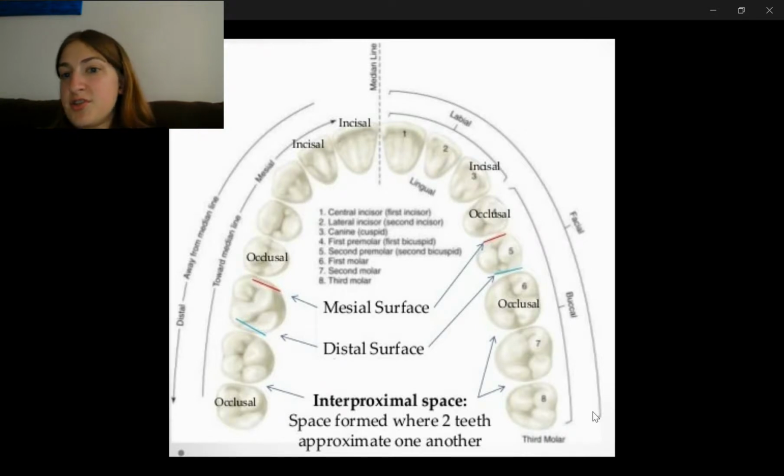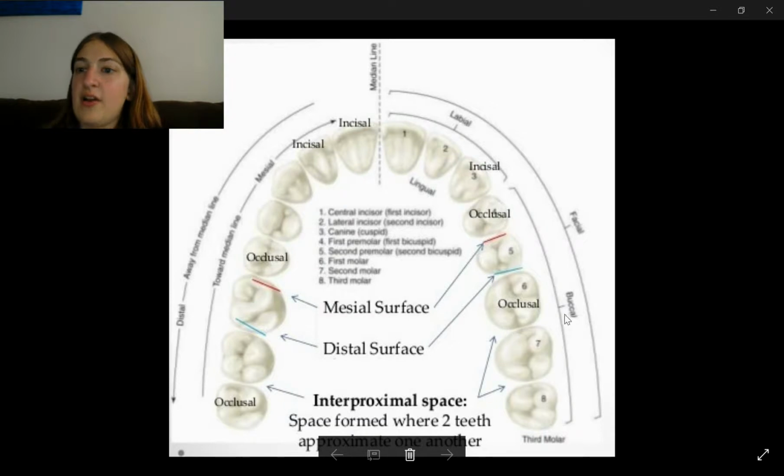So there's also interproximal, which is the area of the tooth that is in contact with another tooth, this area right here, if you look on the bottom right. There is occlusal, which is usually the top surface of the chewing teeth, so mostly it pertains to the molars, but it can also pertain to the premolars as well.